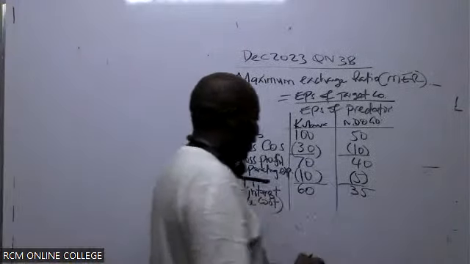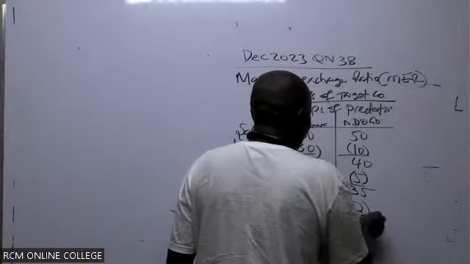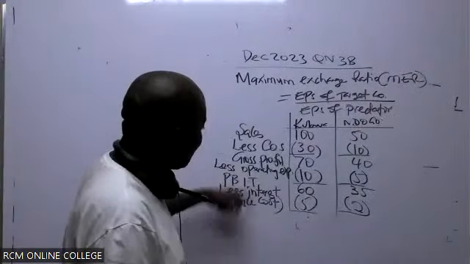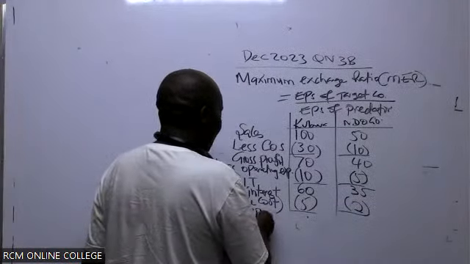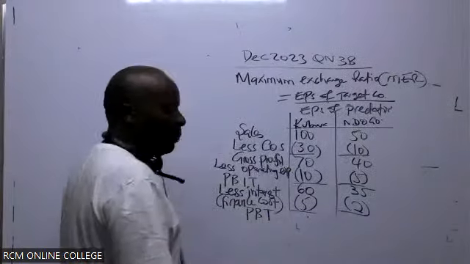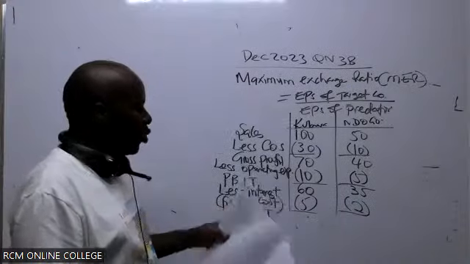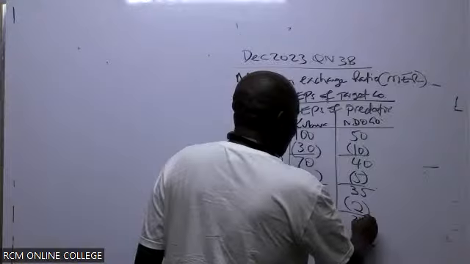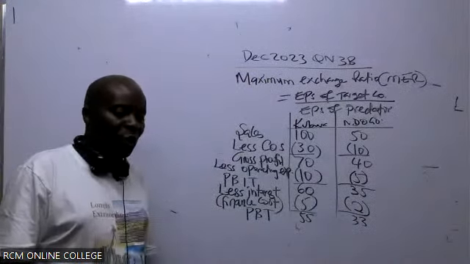The finance cost is 5 versus 2. Having subtracted interest, this will be profit before tax. So profit before tax, what do we have here, my friends? It is 55 versus 33.